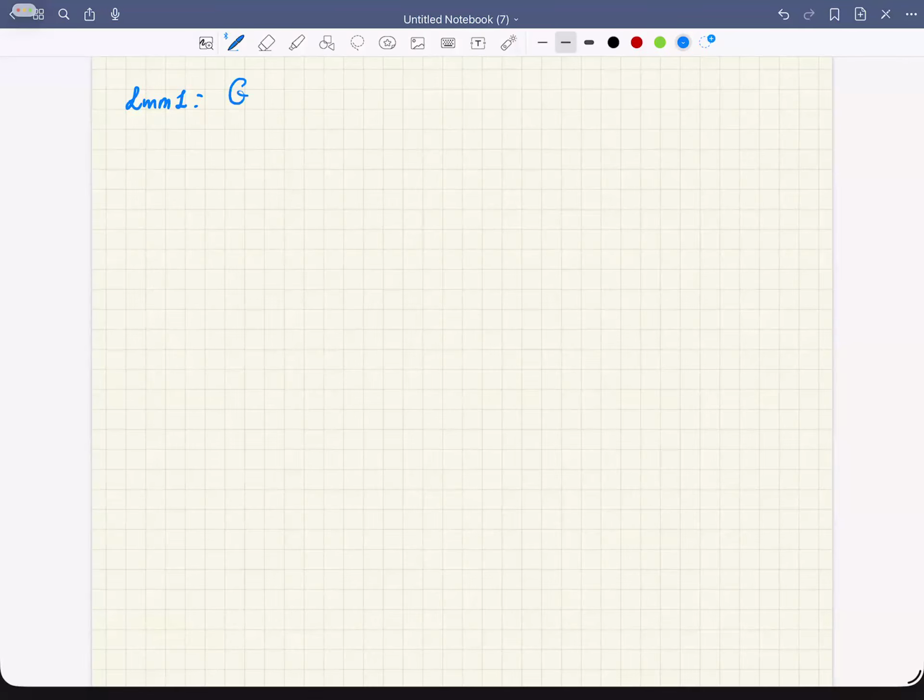Here we've got a graph. Let's say this E is an ear of G. I told you before that you might be able to find me a join tree. By the way, I forgot to say G is acyclic.